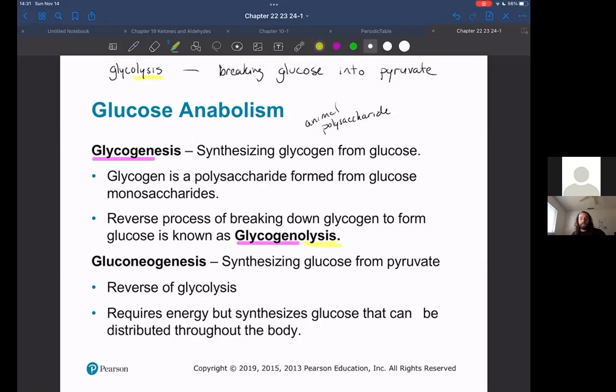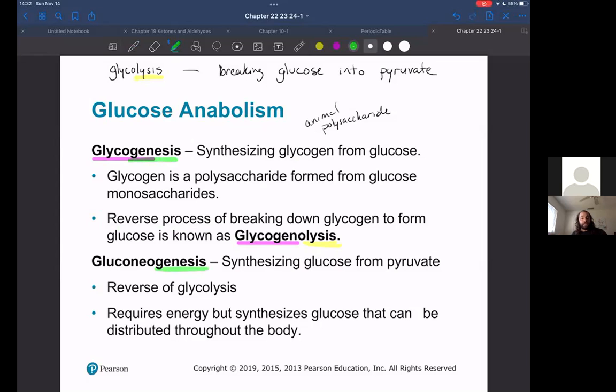So lysis is this term for breaking down stuff. In terms of glycolysis, we're breaking down glucose. In terms of glycogenolysis, we are breaking down glycogen. Both of those contain that term lysis, okay? And both of the anabolic terms contain the word genesis. Okay, so genesis is the process of creating something.